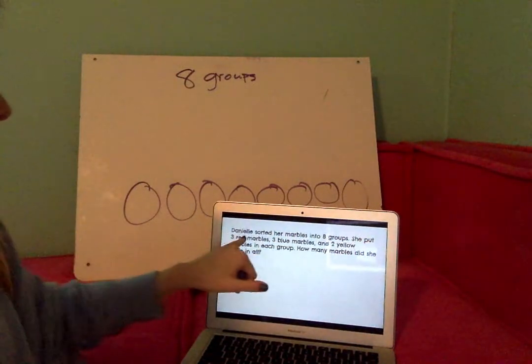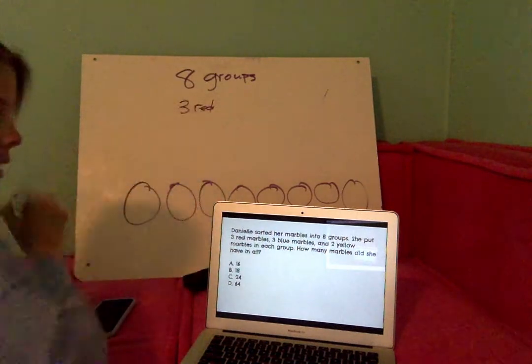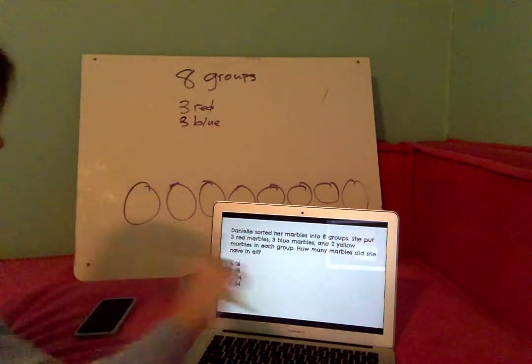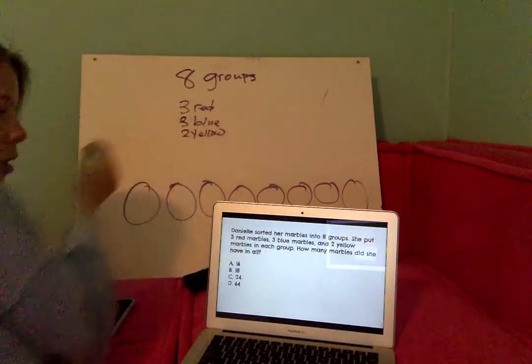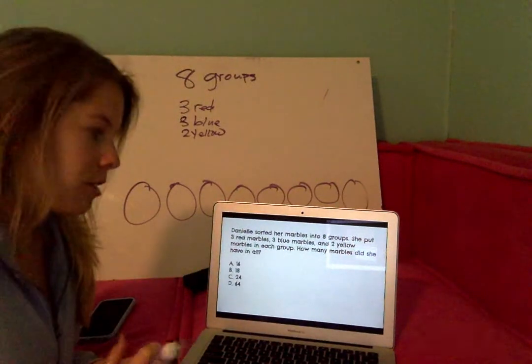She put 3 red marbles. So we have 3 red, 3 blue, and 2 yellow in each group. How many marbles did she have in all?